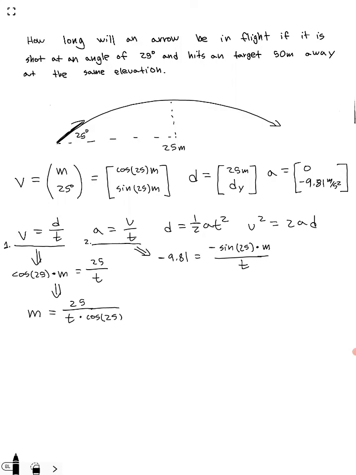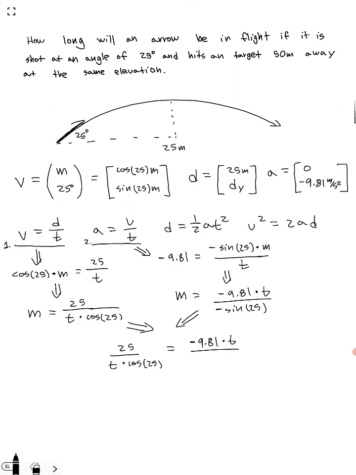And for this equation here, m is equal to negative 9.81 times t divided by negative sine 25. And we got two m's here. We can put them on two sides of the equation, so we're going to combine these two equations. When combined, we have 25 over t times cos 25 equals negative 9.81 times t over negative sine 25.